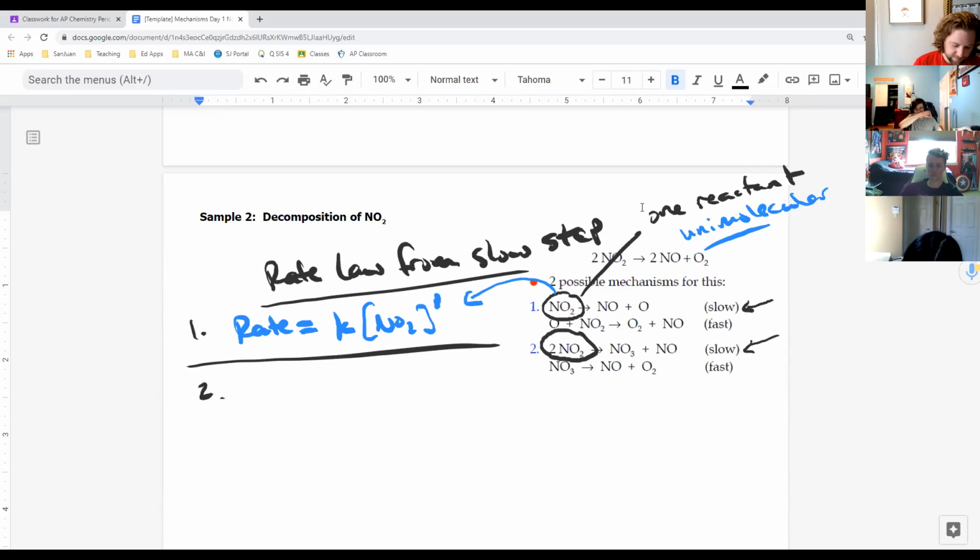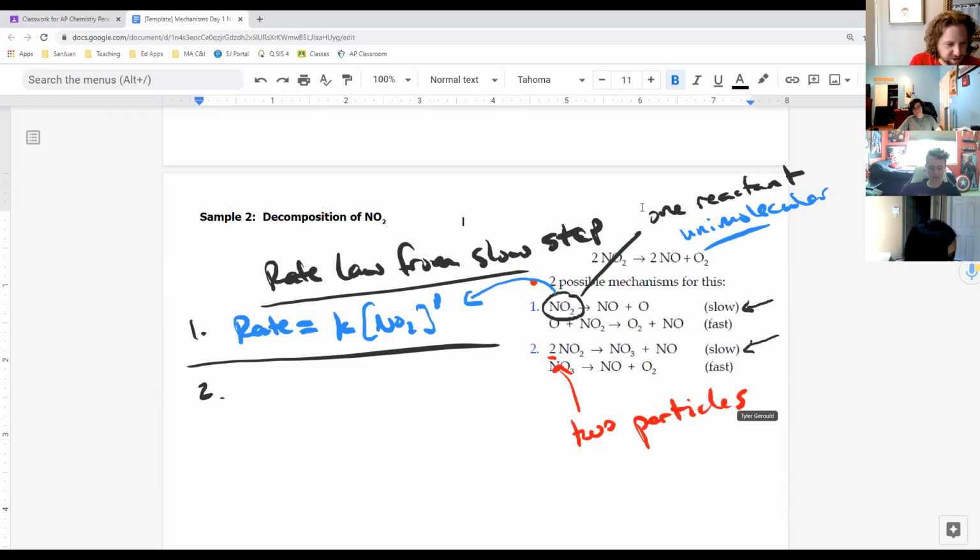So in this case, we have 2 particles. You see the coefficient of 2 here. It looks like one reactant, but there's a coefficient of 2. So that's technically NO2 plus NO2.